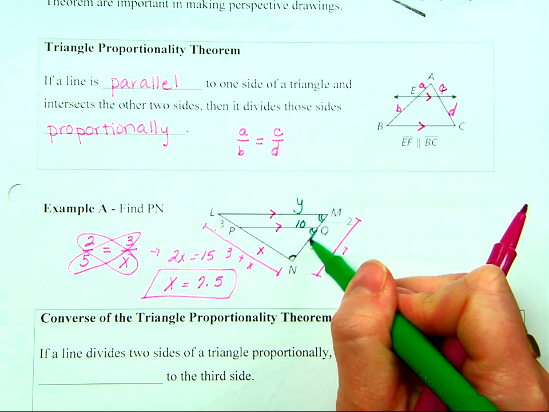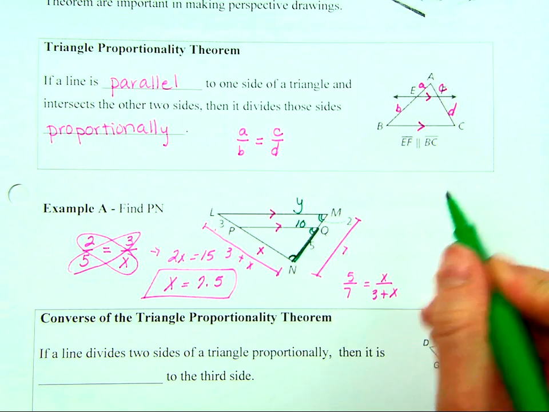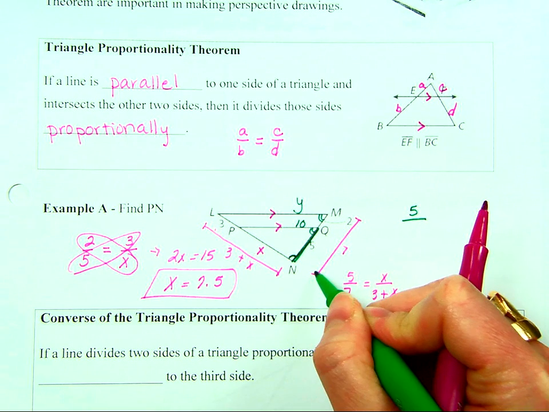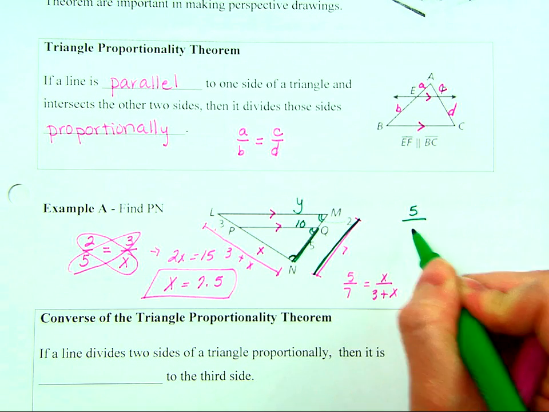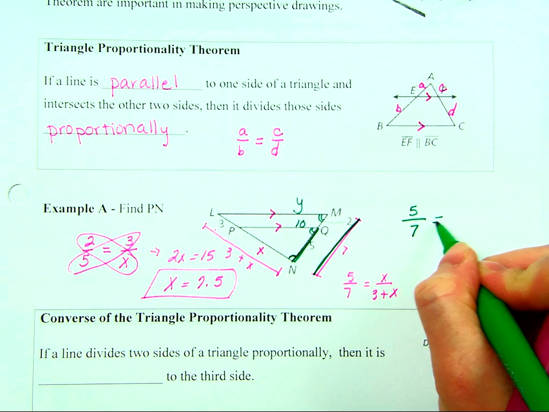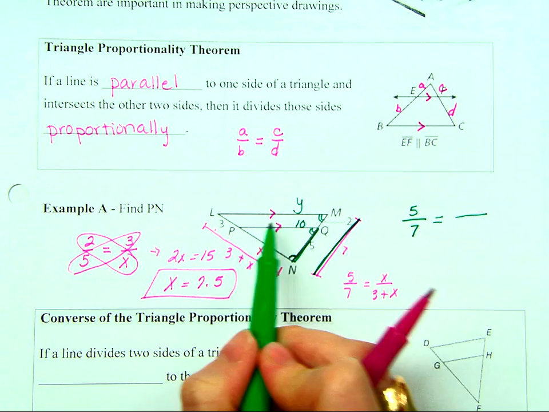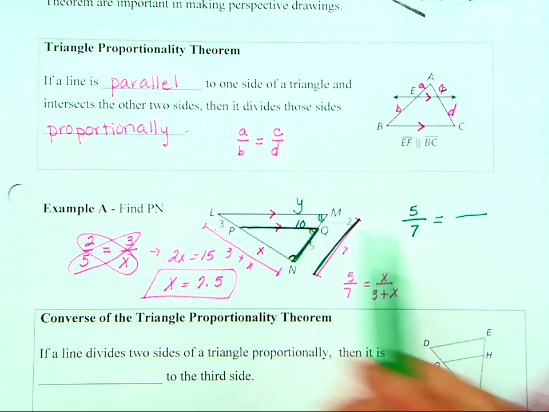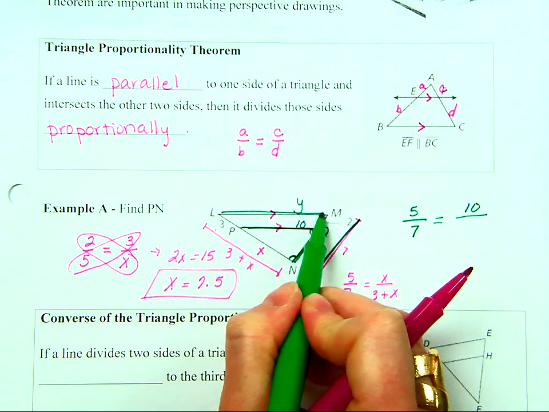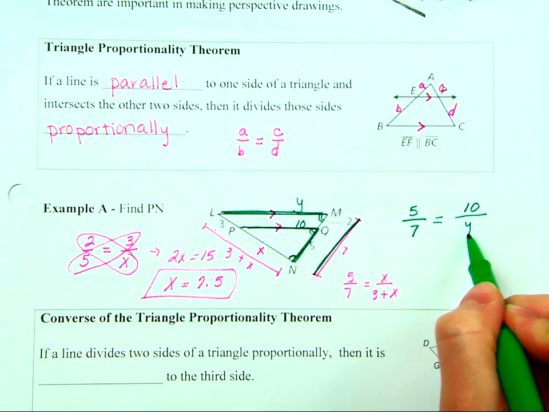I'm going to use my triangle to solve this. And so in my triangles, the smaller triangle has a side of 5. The larger triangle has a whole side of 7. So my ratio there is 5 to 7. Equal to, well, in the smaller triangle, the side has a length of 10, and in the larger triangle, the whole side has a length of y.